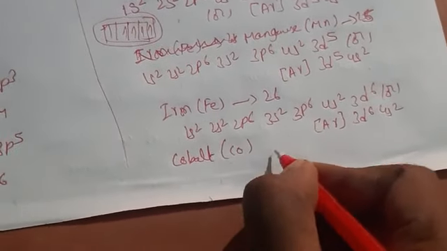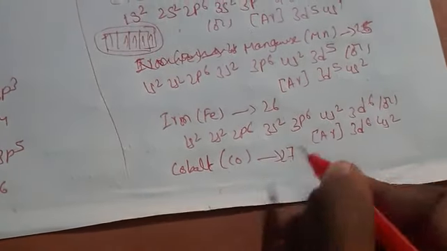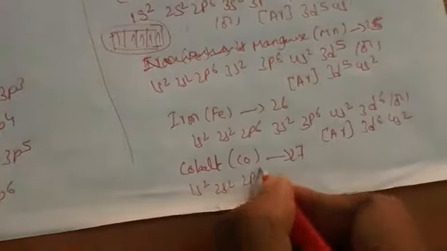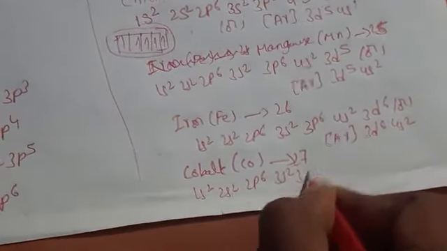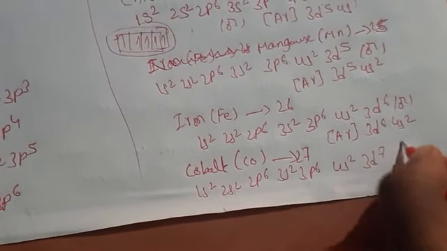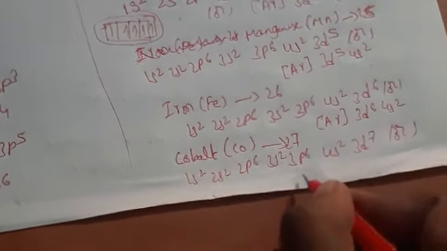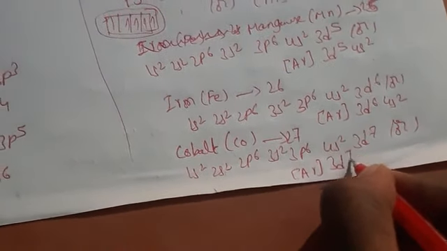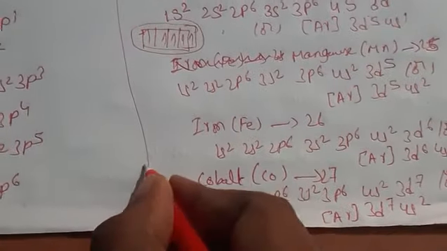Cobalt, Co, has atomic number 27, 1s2 2s2 2p6 3s2 3p6 4s2 3d7, or you can write argon 3d7 4s2.